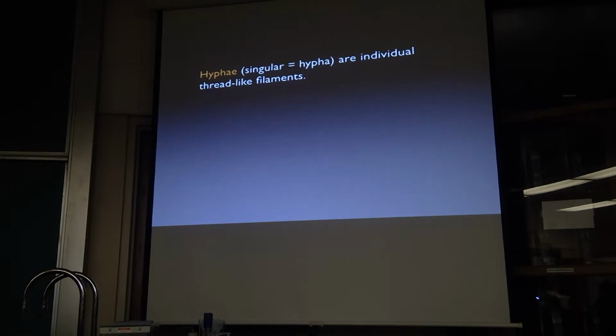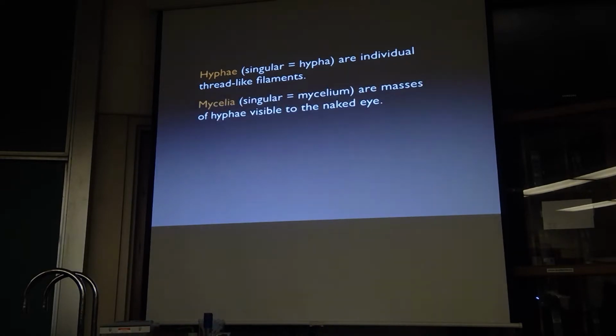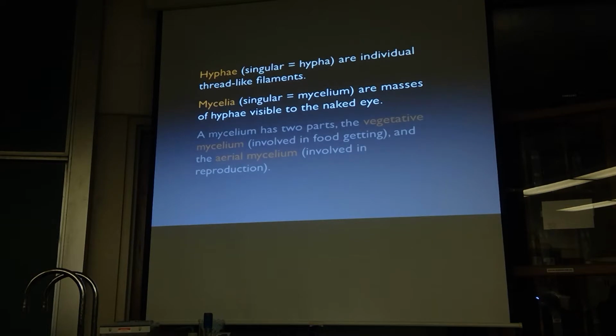That's pretty good. So they were definitely visible to the naked eye. These thread-like filaments come together, the filaments intertwine, and they form this mass that is the mycelium. So hyphae may or may not be visible to the naked eye. The mycelium will be visible to the naked eye.